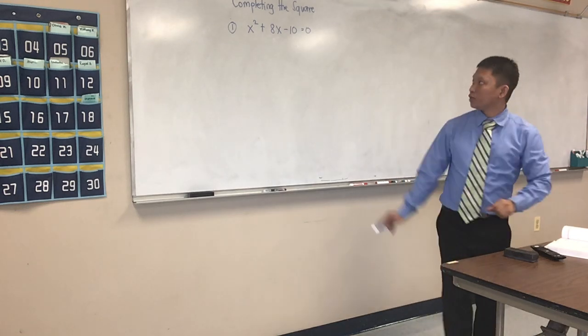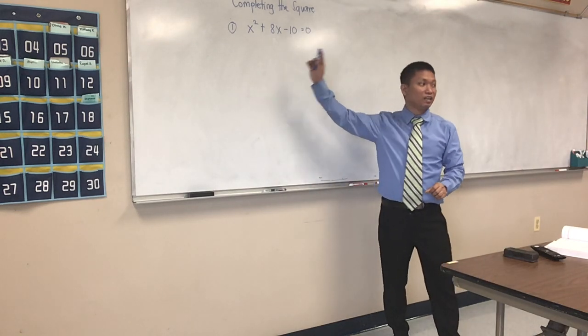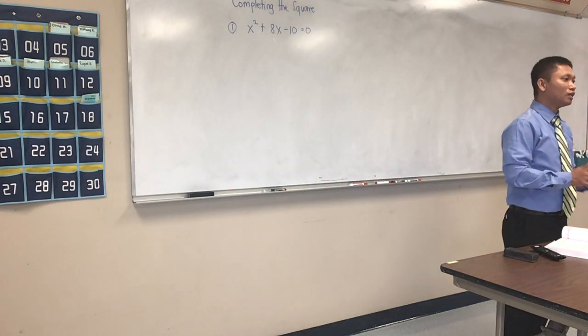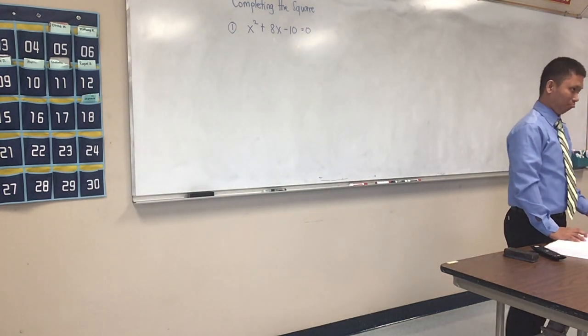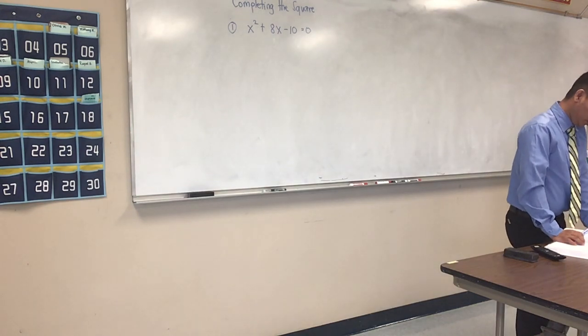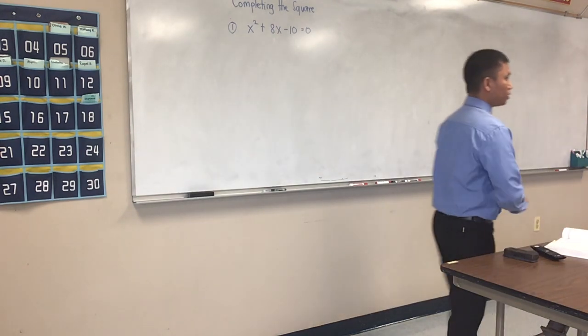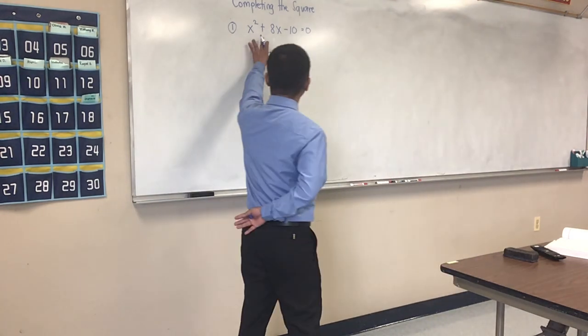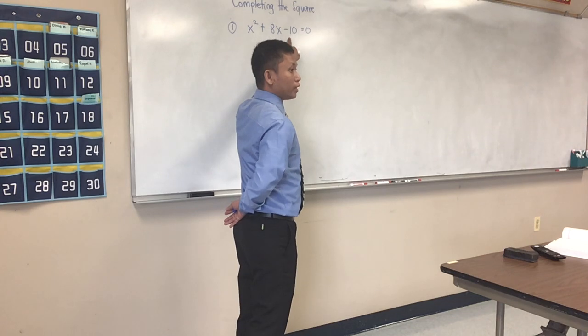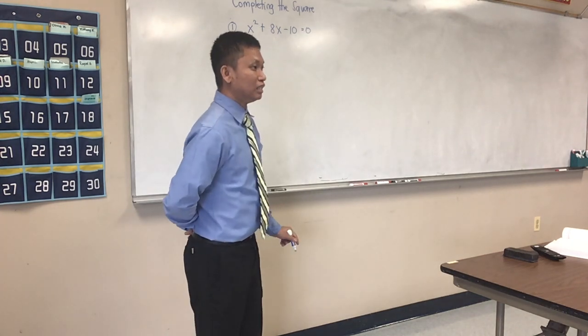For example, here we have x squared plus 8x minus 10. How are we going to solve for x here? The first step is to look for the constant. What is our constant here?